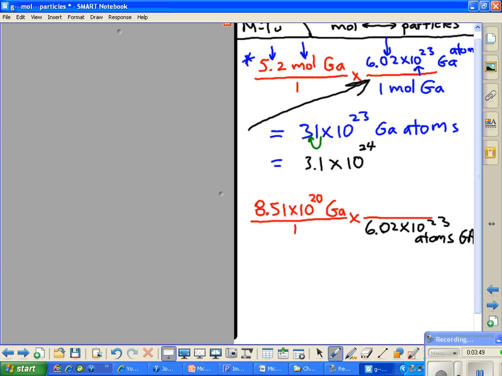And on the top, that gallium should have a lowercase a. Let's get that fixed. That's Ga. There we go. And then at the top, we should have the 1 mole of gallium atoms.